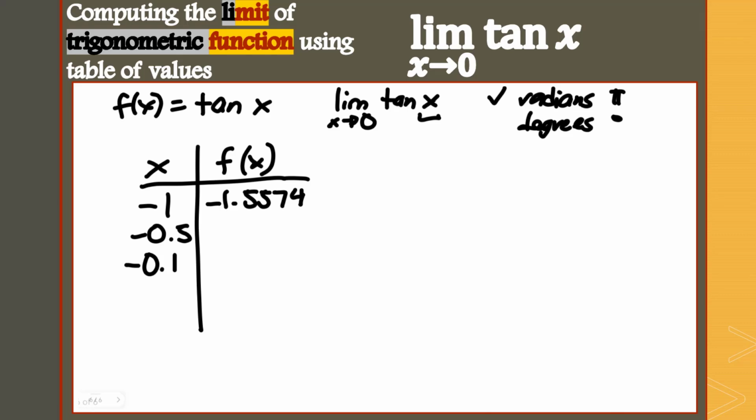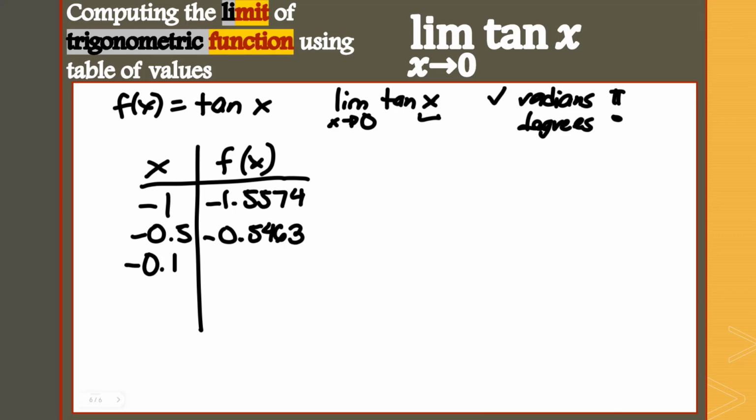-1.5574. With this value alone, you cannot predict the limit of tangent of x. So you need to use other values, as we have -0.5 and -0.1, to look further at the trend. As you use -0.5, plugging that in your calculator, you will get approximately -0.5463.